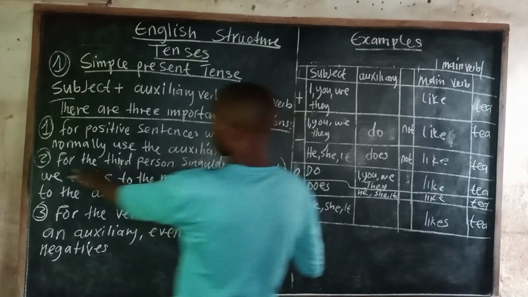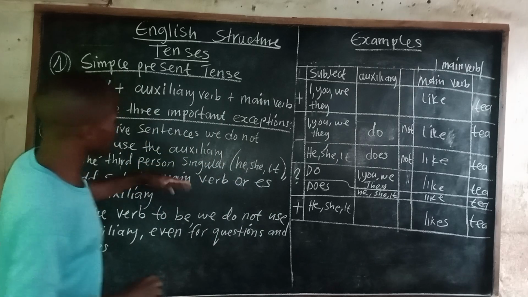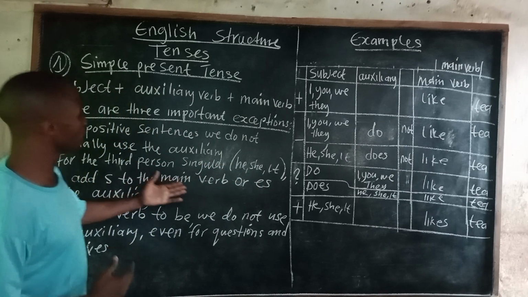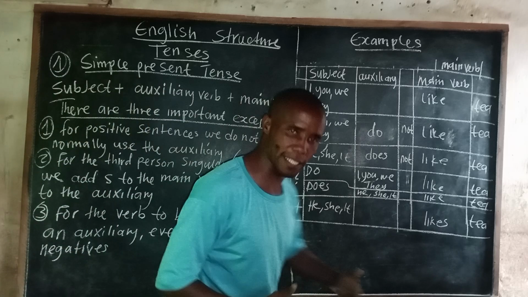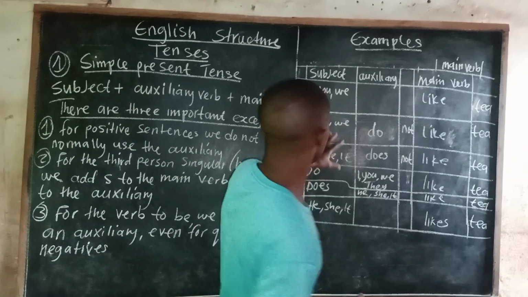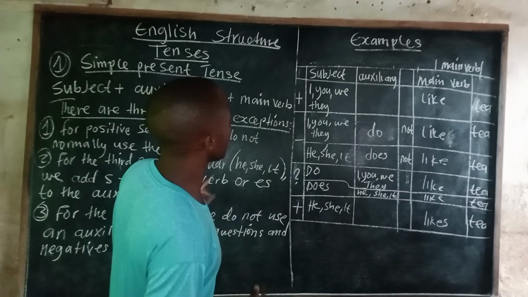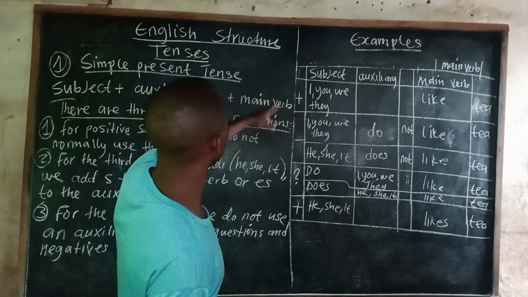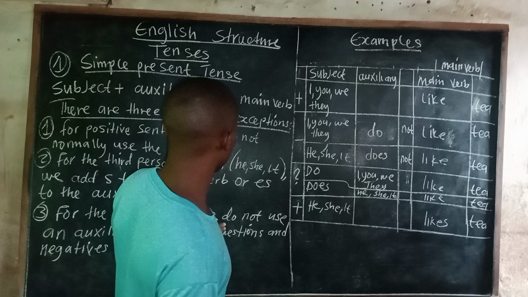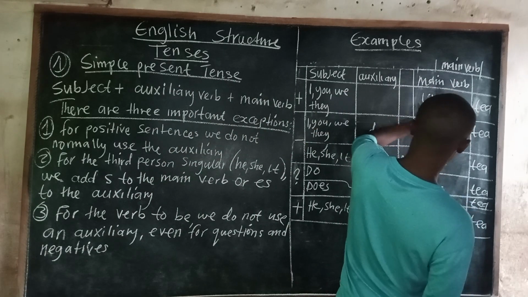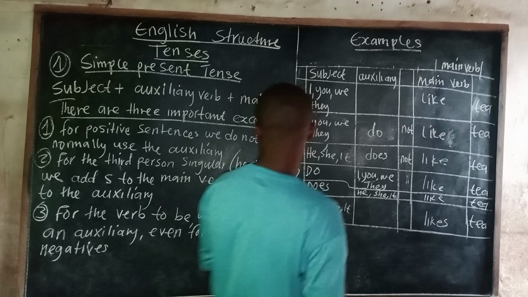Now we have two, for the third person singular, we add s or es to the main verb. Like the table that I've drawn here, I have the column for main verb, auxiliary verb, then subject. So here we have main verb, in this case, like throughout.